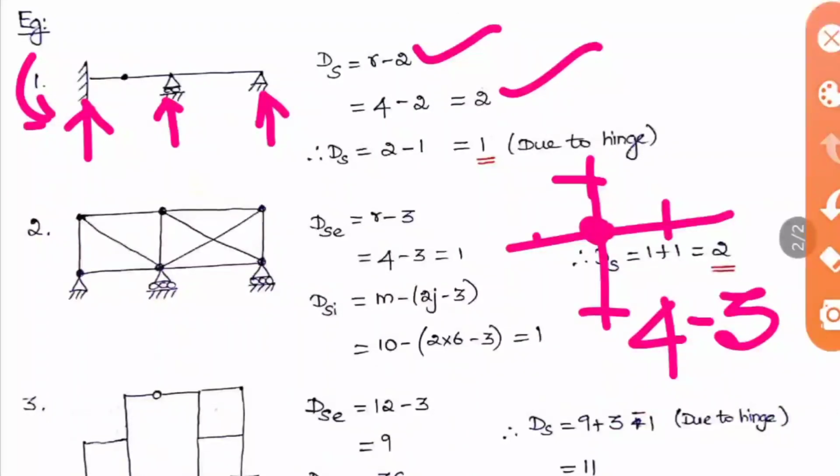Sorry, 4 minus 1, so you are getting 3. So here you should substitute 3. Okay, so this hinge value, that is the force released due to this hinge, should be subtracted at last from the degree of static indeterminacy. So you should be very clear about where this hinge is located. In this problem, only 2 sides are there, so it is 1, so you can directly subtract that.